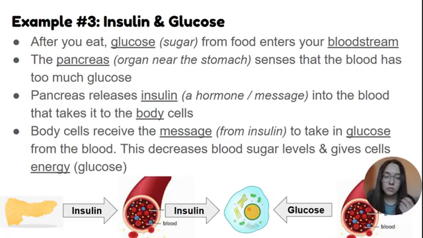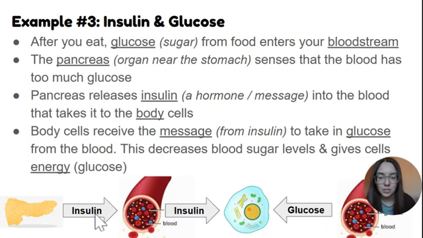So this glucose from food is going to enter your bloodstream, and then an organ that's near the stomach called the pancreas, this is the pancreas, it's going to sense that the blood has too much sugar, too much glucose, and it's going to release insulin, which is a hormone, and it acts as a message.